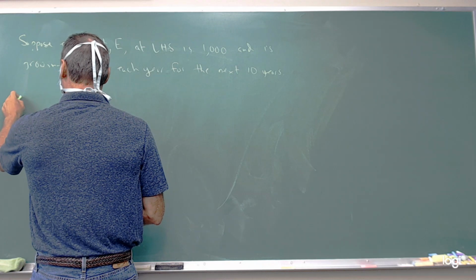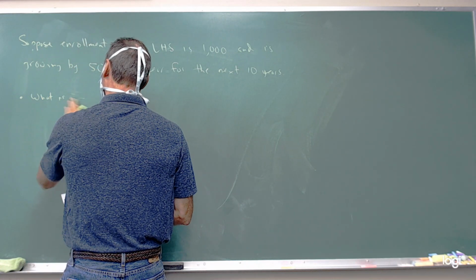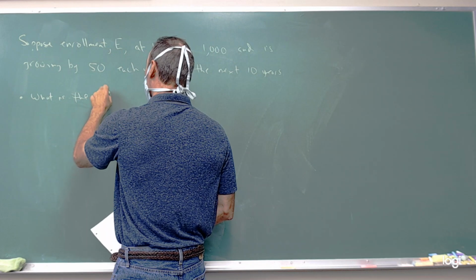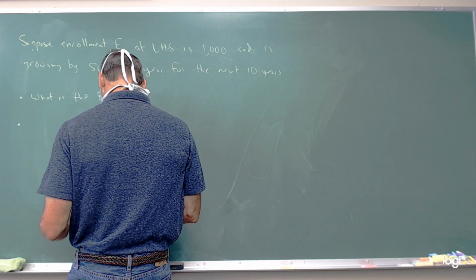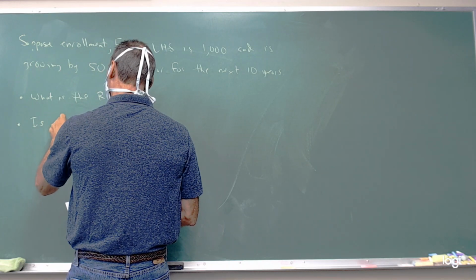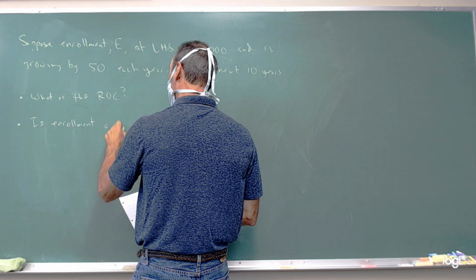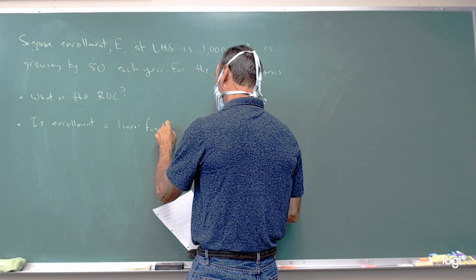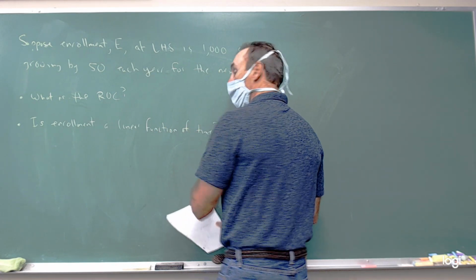So I'm going to ask you some questions. What is the average rate of change, ROC, and is enrollment a linear function of time? That's our second question.